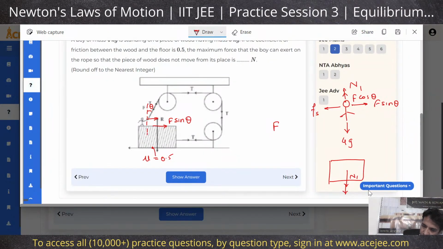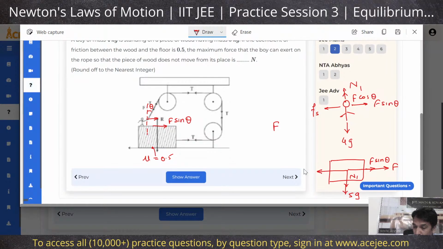Okay. So this is N1 and this is 5g acting in the downward direction, and tension is acting. In this direction, you have two forces. One is your F sine theta. Another is your force F, because after all, the tension T is the same as F everywhere.